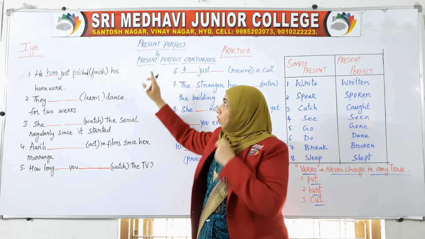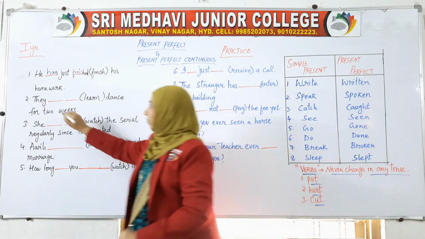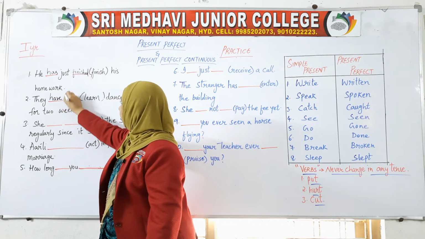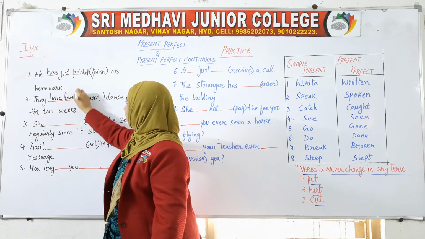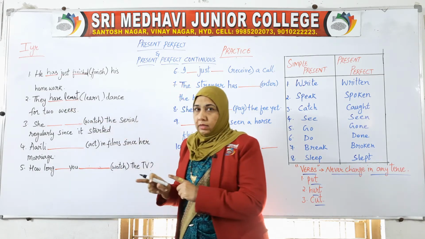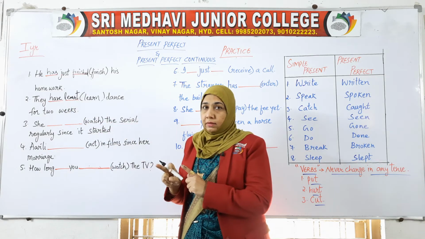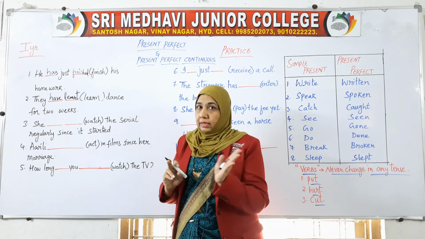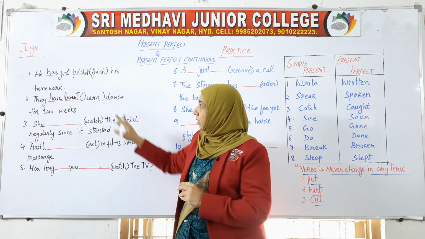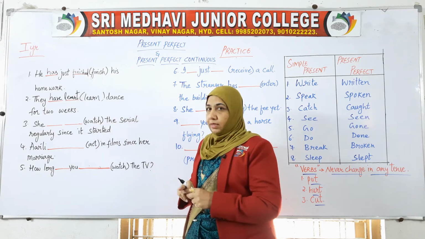But here we have to go for, once again, present perfect. They have learnt, L-E-A-R-N-T, not learned. That could be past tense. Here learnt, L-E-A-R-N-T, learnt dance for 2 weeks.